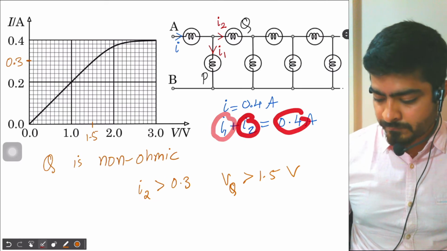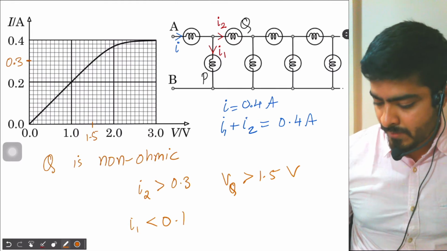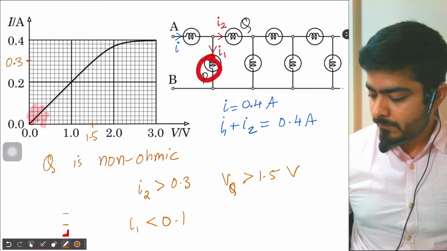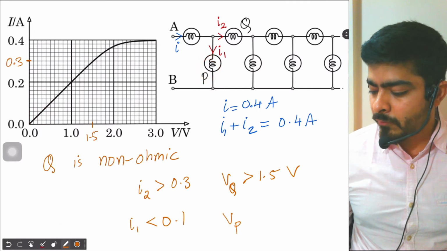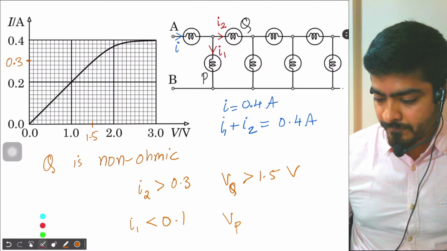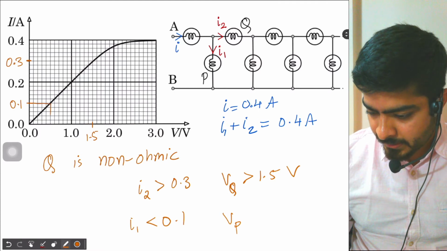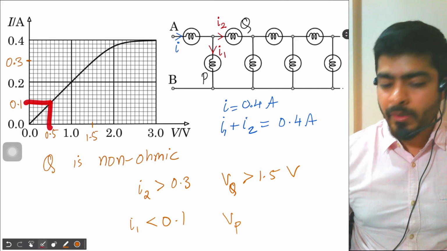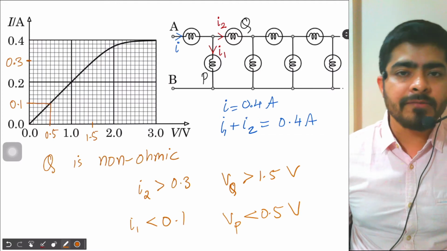Now, if I2 is more than 0.3, then I1 is 0.4 minus I2, so I1 will be less than 0.1. If I1 is less than 0.1, that means it will be somewhere in this region, then P has to be ohmic. And therefore we can write the voltage of P will be what? Let's mark the point over here. This is your 0.1 and correspondingly this is 0.5 volt. So Vp should be less than 0.5 volts.